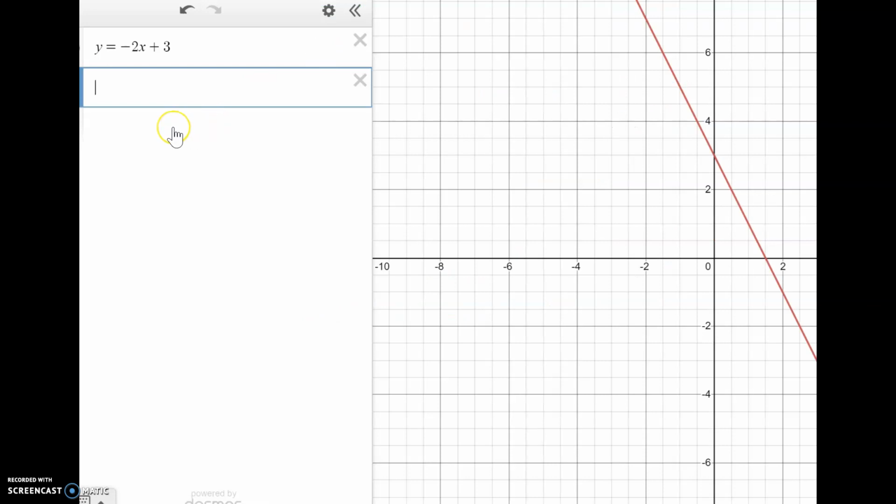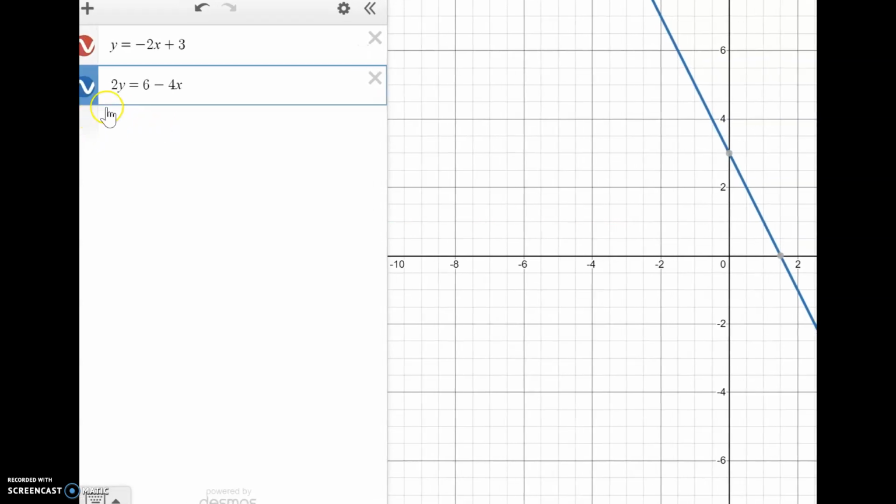Let me type them in exactly as they stand. You can actually see here that both of the lines happen to be the same. They're just expressing it in a different format, but our lines are identical.